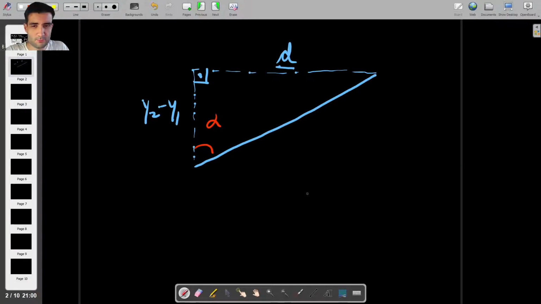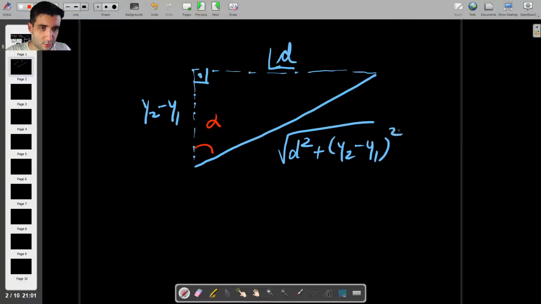So that means that you can use those two sides to find the hypotenuse. So the hypotenuse is going to be just the square root of d squared plus (y2 minus y1) squared. And that's just according to Pythagoras' theorem, okay? And it turns out that this bit is actually the remaining part of the thread.